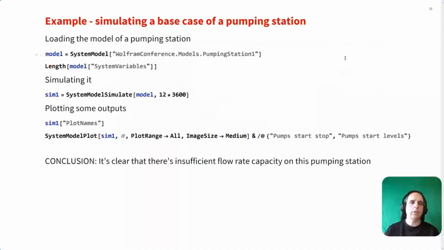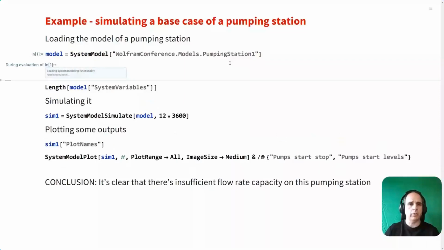On the following slides, we're going to see an example of application, a methodology of work that we use to interact with SystemModeler models from the Wolfram language, and how we put all this together, including CDFs interacting with the model. We're going to simulate a very simple pumping station, and the first thing we do is to load that model within the Wolfram language workspace.